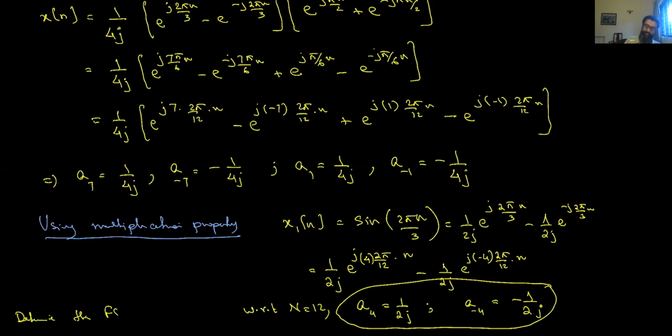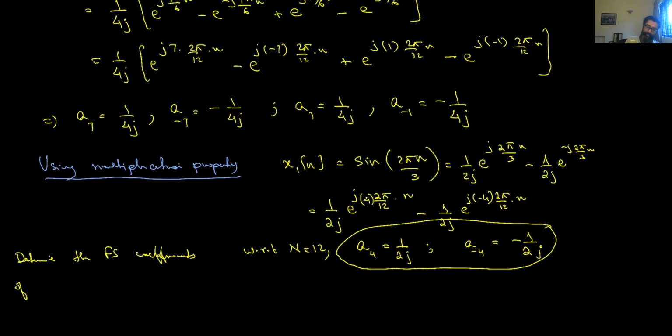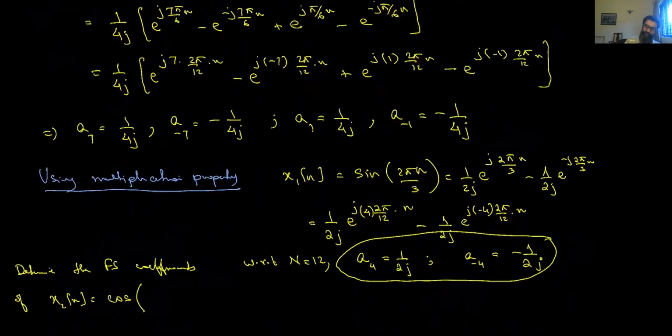And similarly, you'll use these and then do it, so determine the Fourier series coefficients of x2 of n, which is cos pi n by 2, with respect to n equals 12.